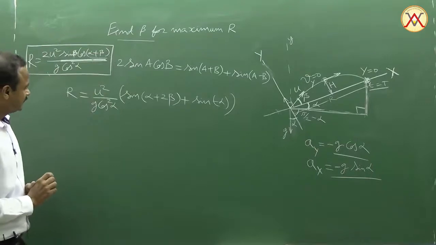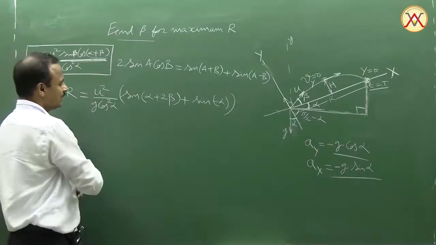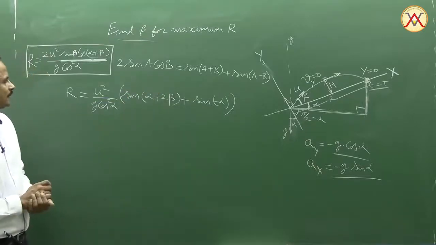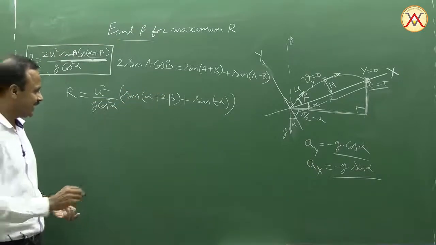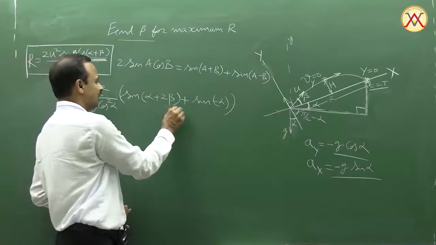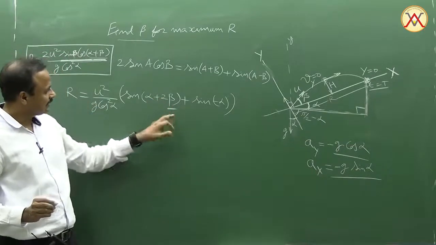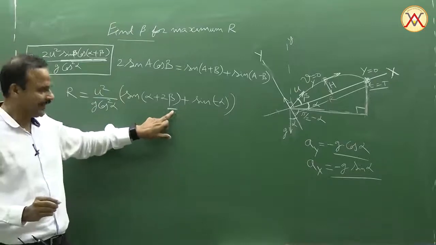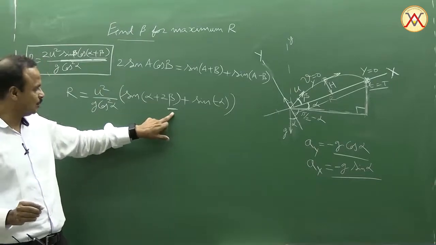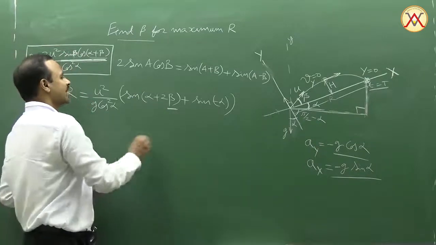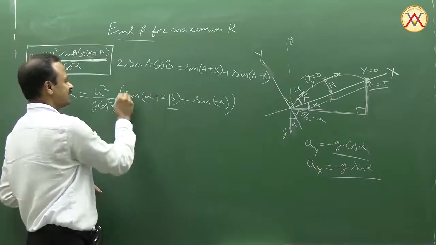Now, the advantage of changing this from product to sum is that in this expression our variable beta is seen only at one place. This beta is appearing only here, it's nowhere else. So it's very easy to maximize this.